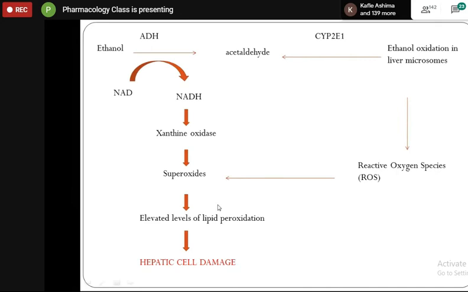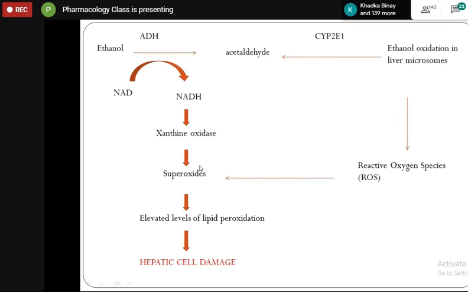Simply put, it is the process in which the free radicals from the superoxide attack the lipids present in those layers of the membrane.